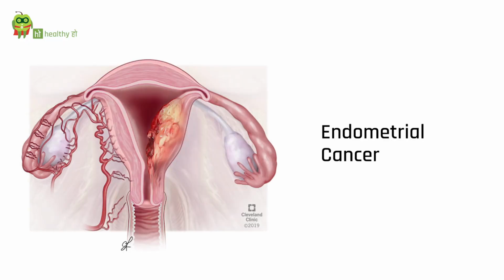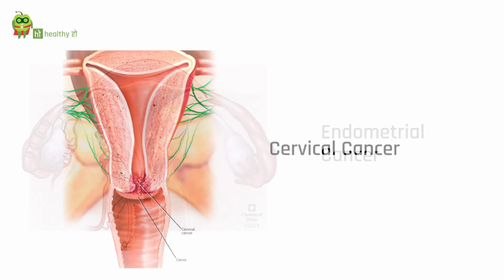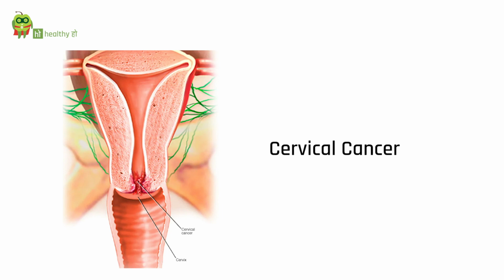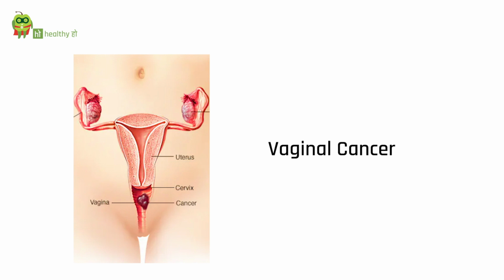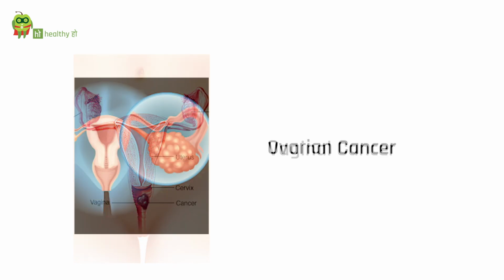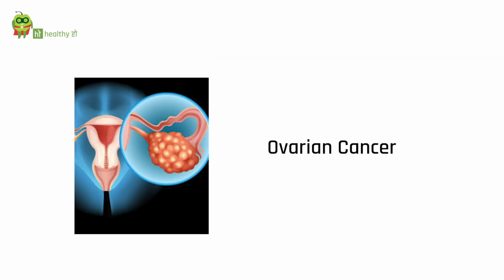So the common gynecological cancers which we see in our women are the endometrial cancer which occurs from the endometrium, the cervical cancer which occurs from the mouth of the uterus which we call the cervix, the vagina which is the path of the delivery, that is, it leads from the cervix to the outside, and the ovaries. So these are the common cancers which women are affected with.